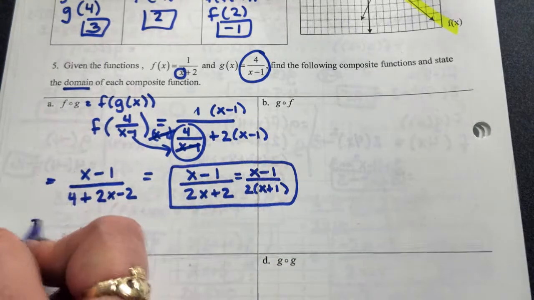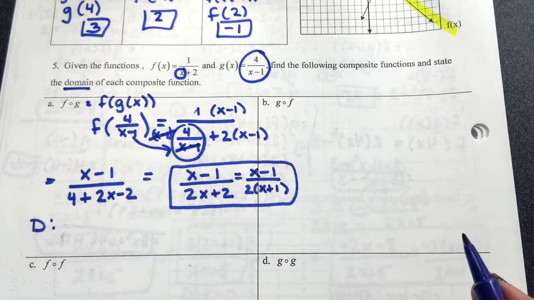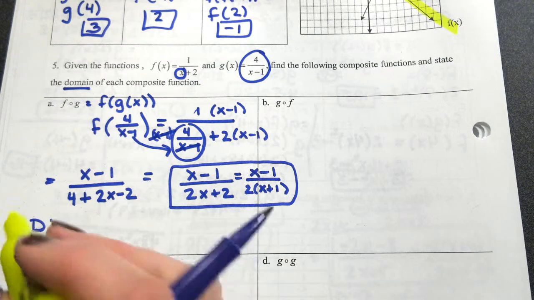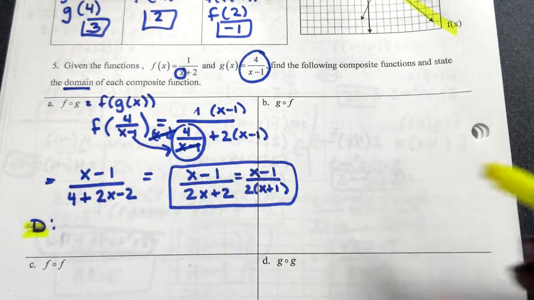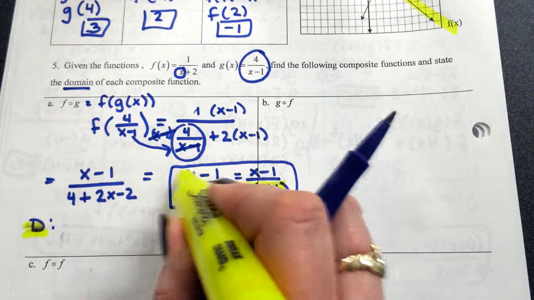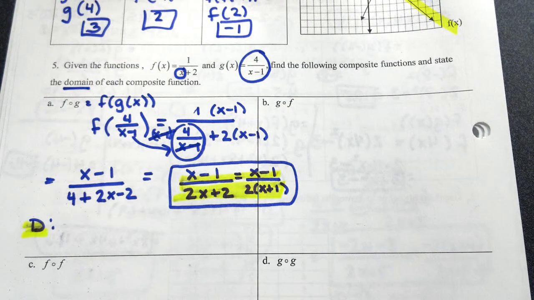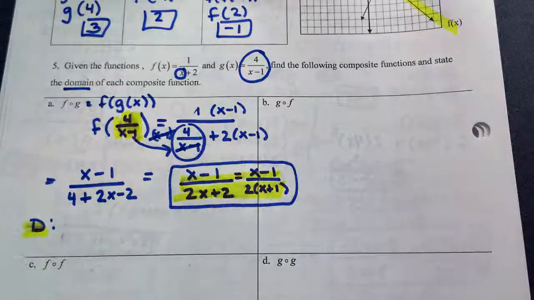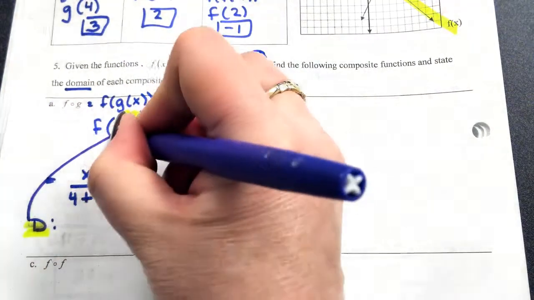Now let's talk about the domain. There's two things you have to look at when you're talking about the domain when you're doing composition. Obviously, you have to look at the domain of your final answer. You also have to look at the domain of that input function.